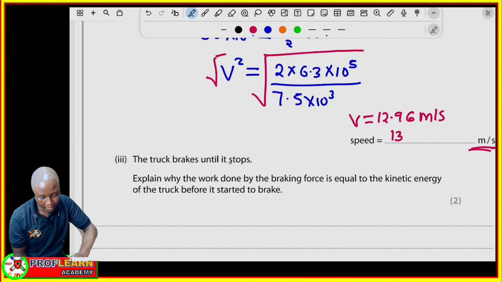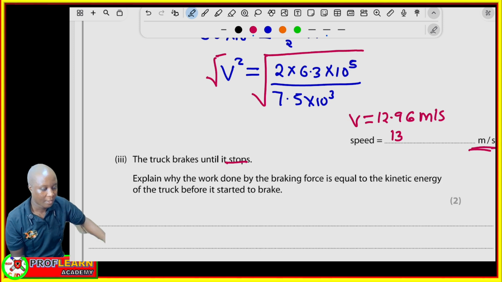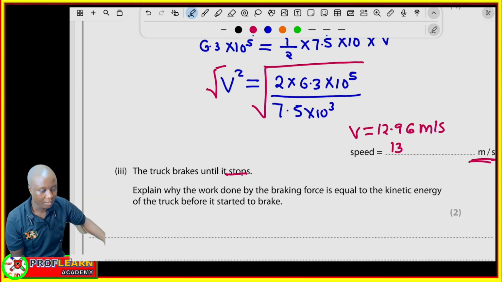The truck brakes until it stops. Explain why the work done by the braking force is equal to the kinetic energy of the truck before it started to brake. Why is it that the work done is equal?